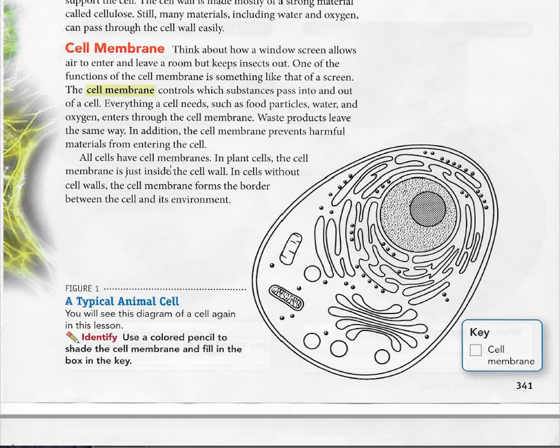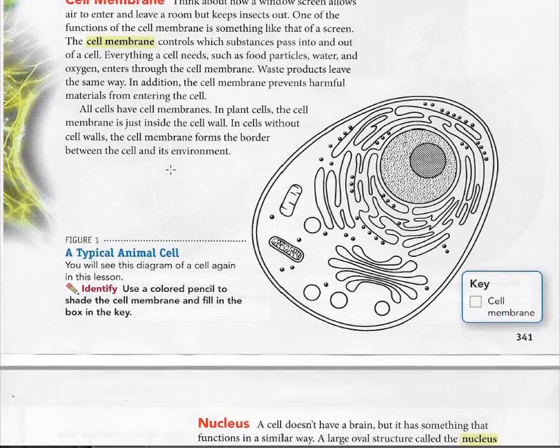Waste products leave the same way. In addition, the cell membrane prevents harmful material from entering the cell. All cells have cell membranes. In plant cells, the cell membrane is just inside the cell wall. In cells without cell walls, the cell membrane forms the border between the cell and its environment.